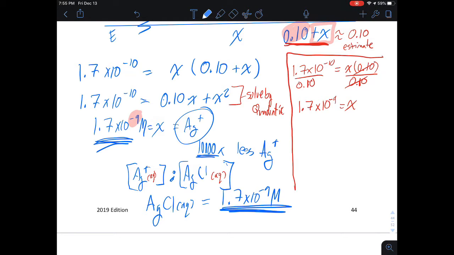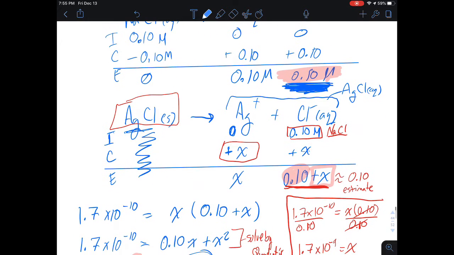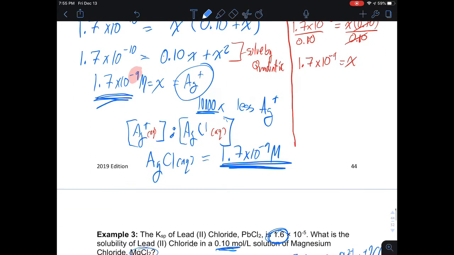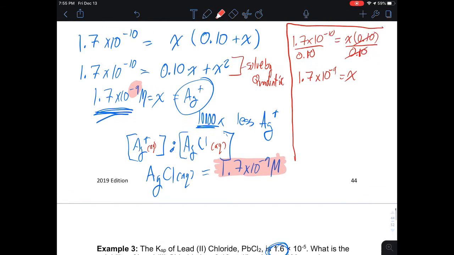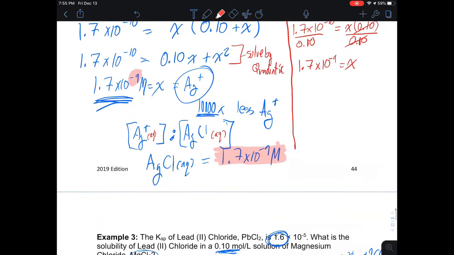So whatever x is, as long as it's equivalent to the ratio that your salt is going in at, then you can treat x as the new limiting concentration, the new concentration. So this is the concentration of silver chloride in a solution that already has 0.1 molar NaCl.